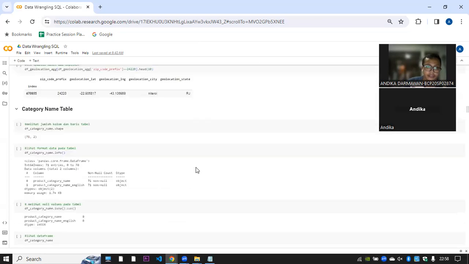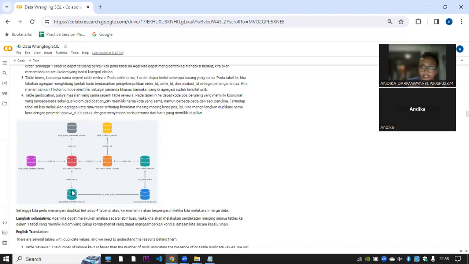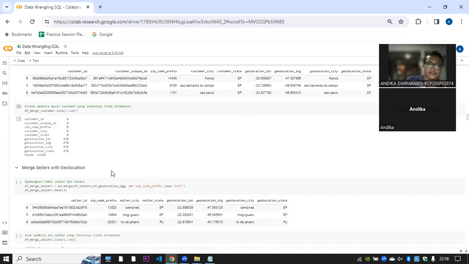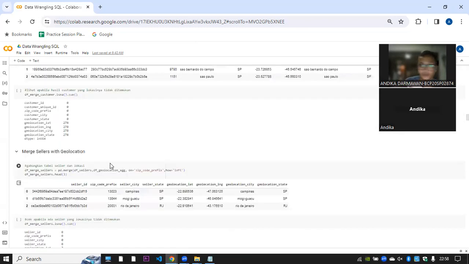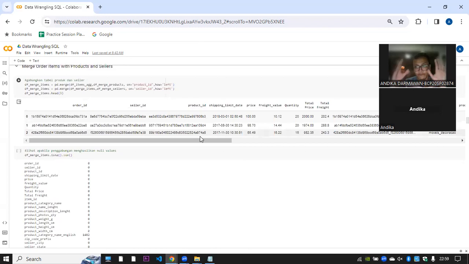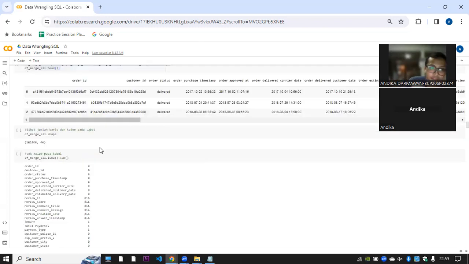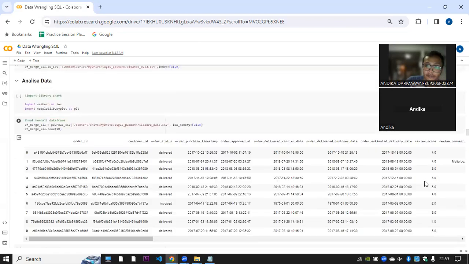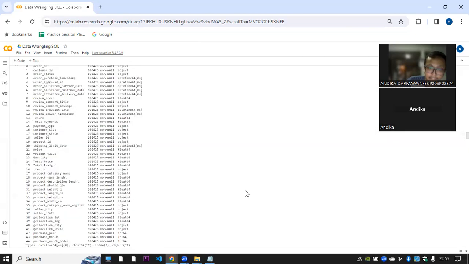This is the chart of our tables and the relationships between them. And this is what we finally do, merging all the tables. So we have one master table that consists of every column that we need to analyze the data set. And then we can go to the analyzing step.